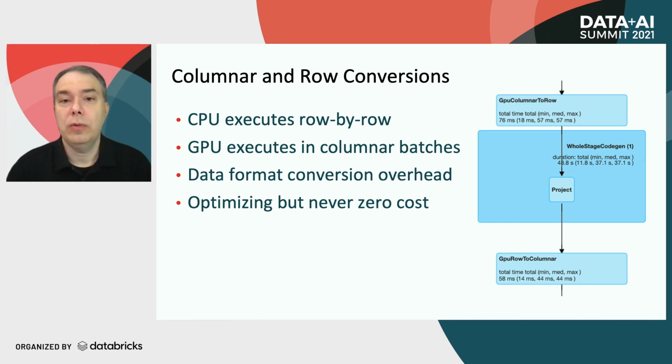So we have to do a column to row transition when we come from the GPU to the CPU. And then coming back from the CPU to the GPU, we have to do a row to columnar transition. We're optimizing these transitions all the time and accelerating them for different data types, but it will never be zero cost. So there will always be some overhead from transitioning between the GPU and the CPU.